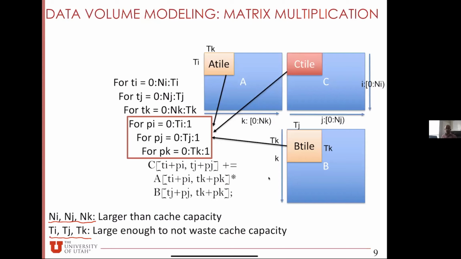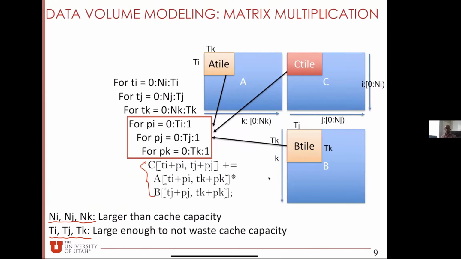And so this is an assumption that's needed so that we can facilitate the modeling of the symbolic cost expressions. So you start with one tile. The point loops here, the statement is accessing data which is indexed at the starting tile point, to which we add the point index. So we have the footprints of the tiles for A, B, and C highlighted as A tile, B tile, and C tile.